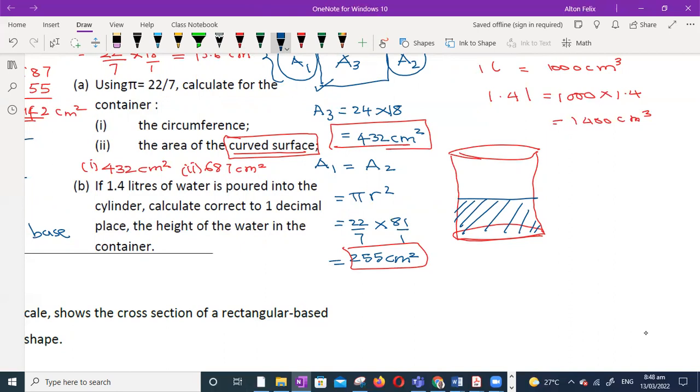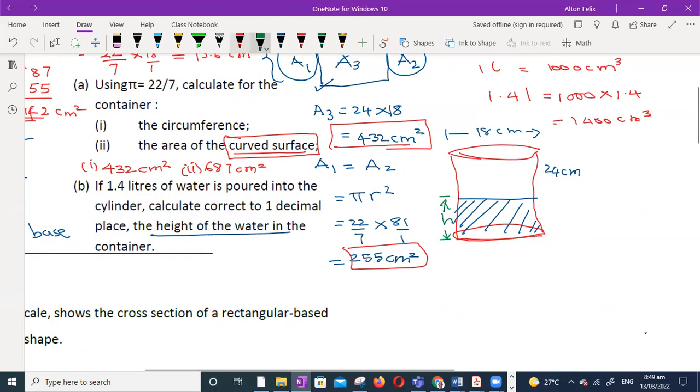The height of this container is 24 centimeters. And the diameter, if you recall, is 18 centimeters. So the question asks us to find the height of the water. So this water, when we pour in, will only reach a height, let's call it h. And we need to find that h.